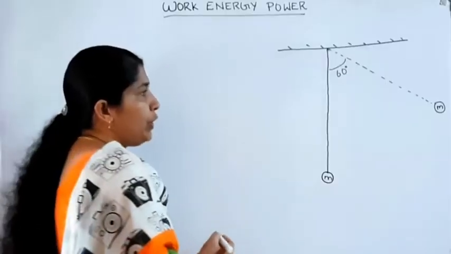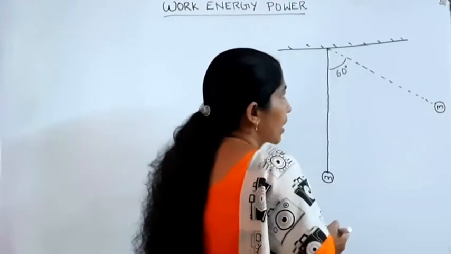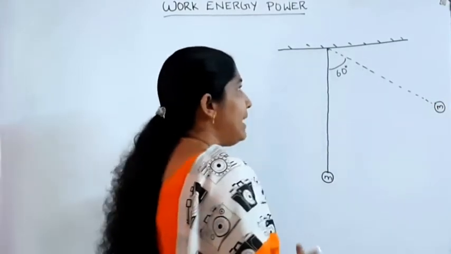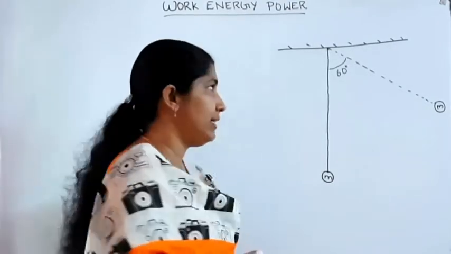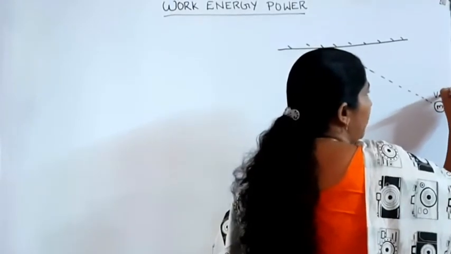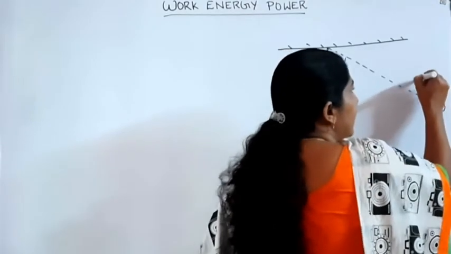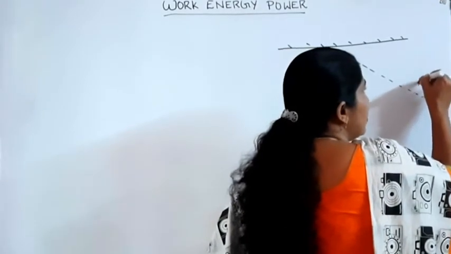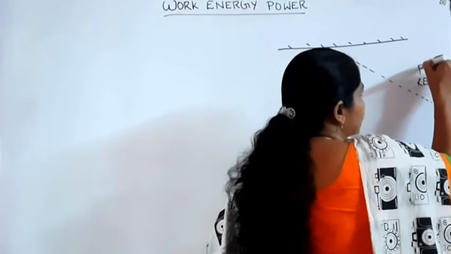Therefore, we want to find out the total energy when the bob is at an angle 60°, the kinetic energy and the potential energy. Velocity at this position is equal to 0. Then kinetic energy is equal to 0. Then what about the potential energy?